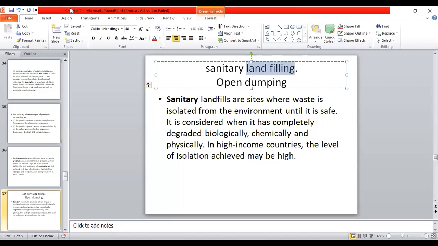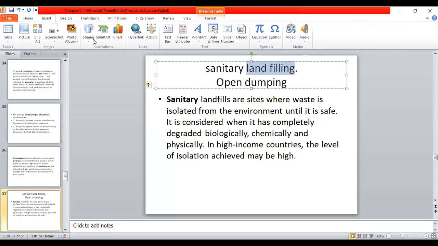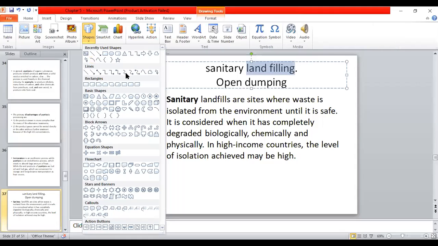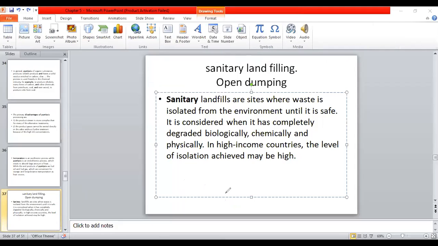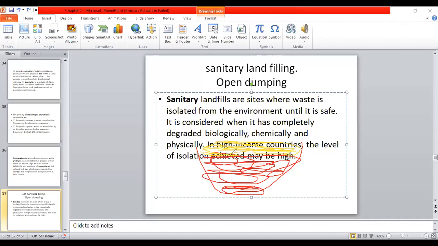And what is landfilling? Simply, you dig a pit, take the help of an excavator, dump the entire waste into a particular pit, and simply cover that by using soil. So this was the landfilling concept.